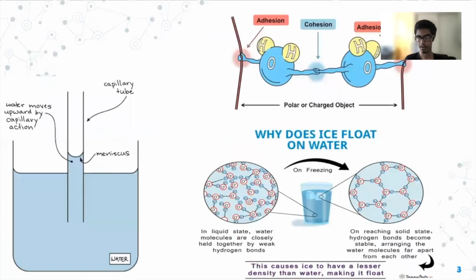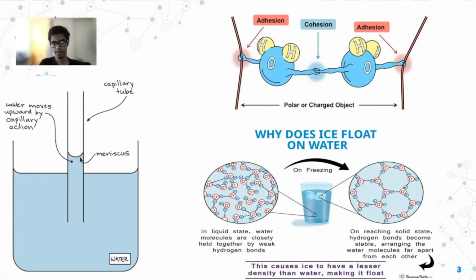All right. So as you can see, I have a few diagrams here, pictures, I should say. As I mentioned, capillary action: you can see on the very left diagram that it says water moves upward by capillary action. This is very beneficial for plants to absorb water through their roots, through the action of both cohesion as well as adhesion.